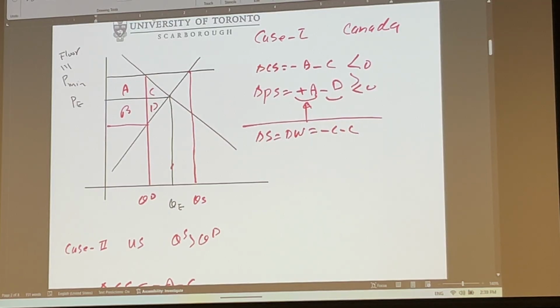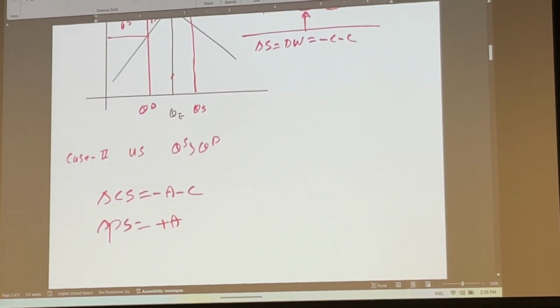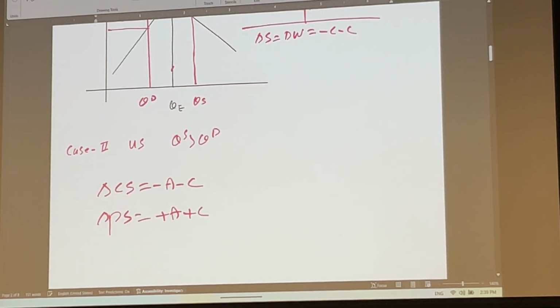Producer surplus was this. Now it becomes this. Oh, that's different now. So the producer gains A, C, and let's call this E. Because the producer really gains. They gain A, that's due to the higher price, as well as C. Then they gain E because they produce too much now because of overproduction.